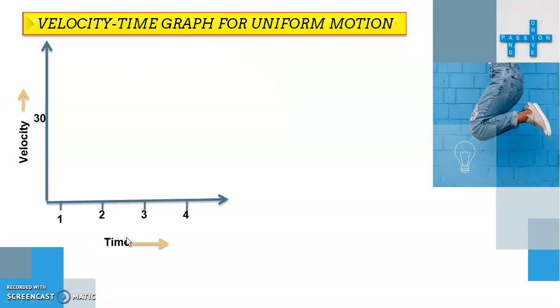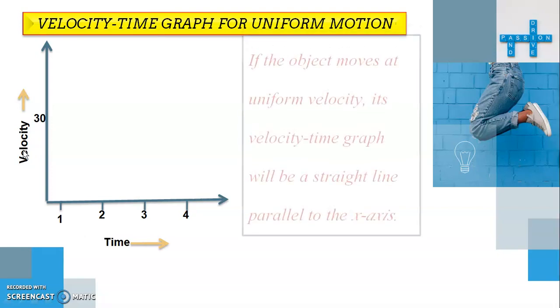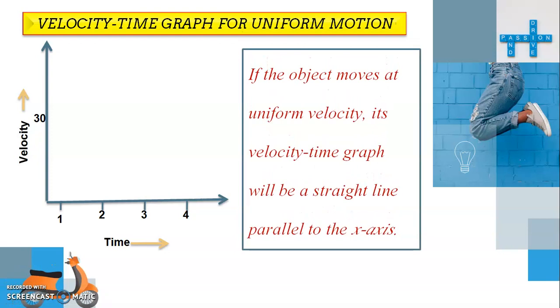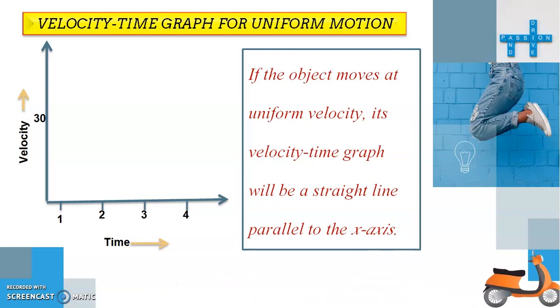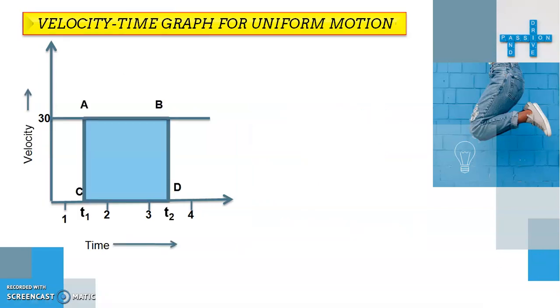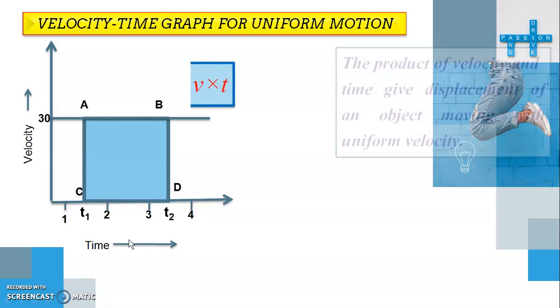If the object moves at uniform velocity, meaning it is covering equal distance in equal intervals of time in a straight line, then the graph will be a straight line parallel to the x-axis. And this is the graph for velocity and time for uniform motion.